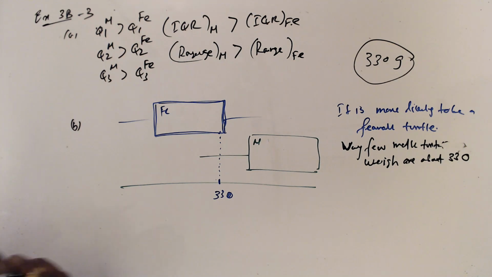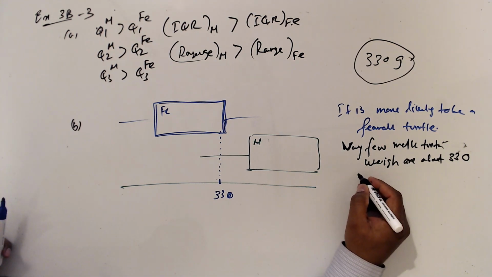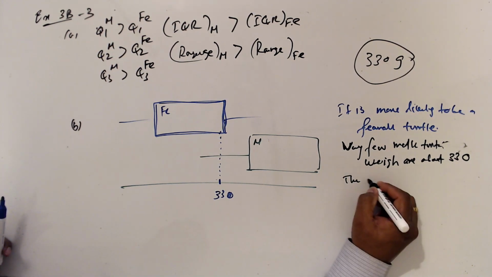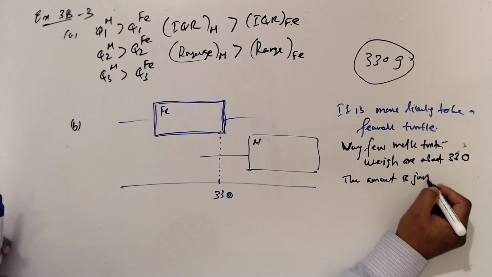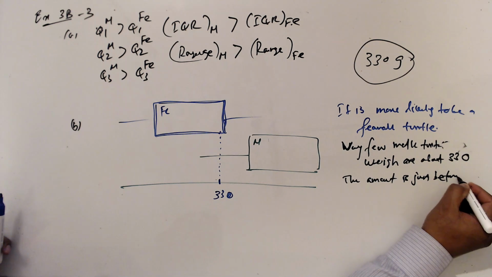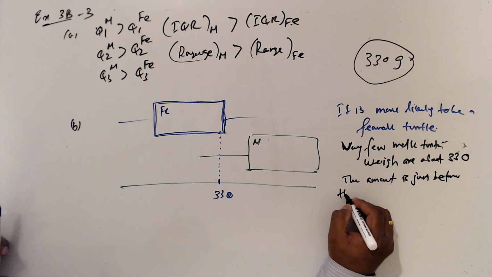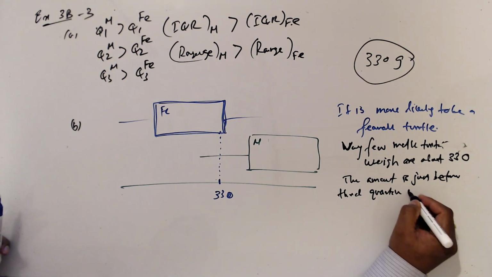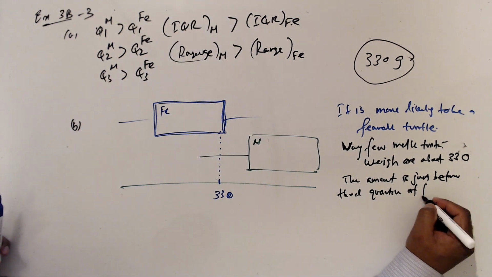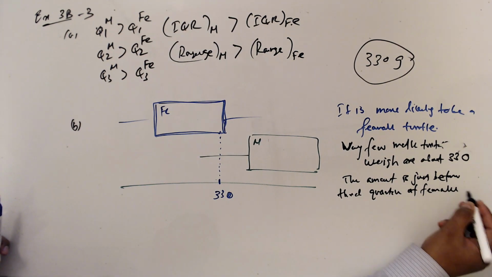Further, we can tell that the amount is just before the third quartile of female.